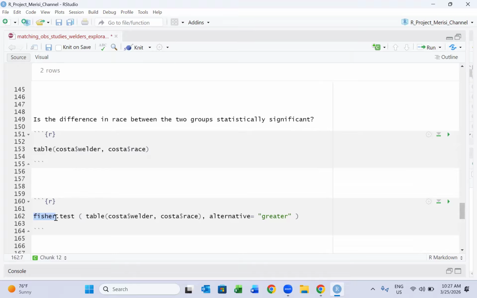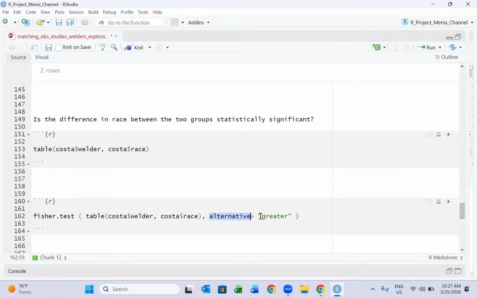If we translate that to this problem, we can check whether the proportion of African Americans and Caucasians, the first variable race, change across welders and non-welders. That's the second variable. Okay. Perfect.